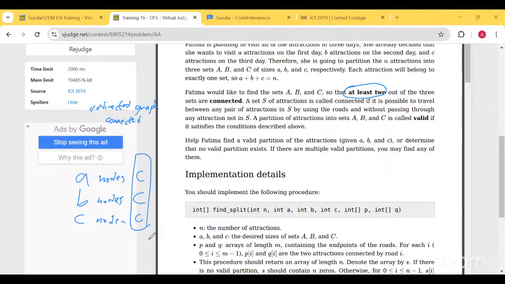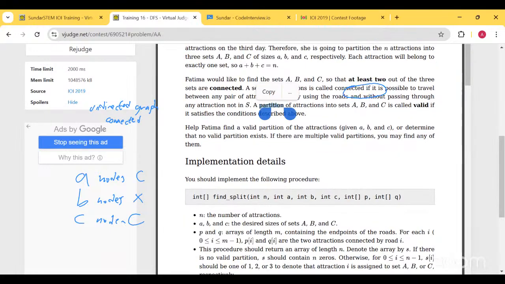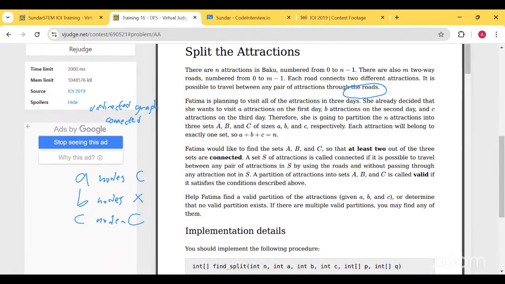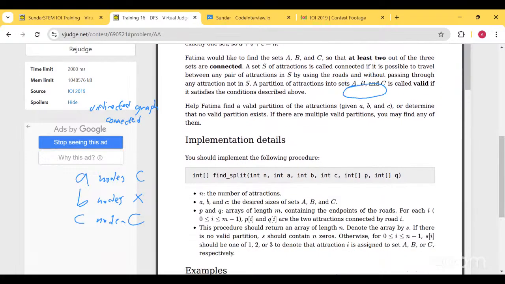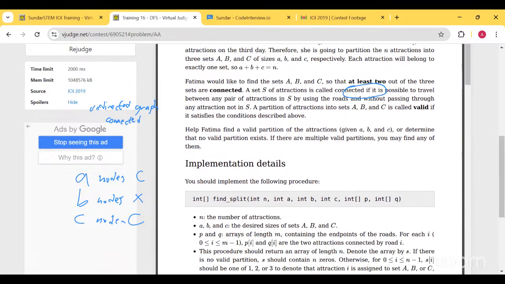It is also allowed. But actually 2 of them is okay. But if only A is connected, it is prohibited. Yes, the problem is just like that. And we want to find the attraction partition. Okay, so this is quite simple.